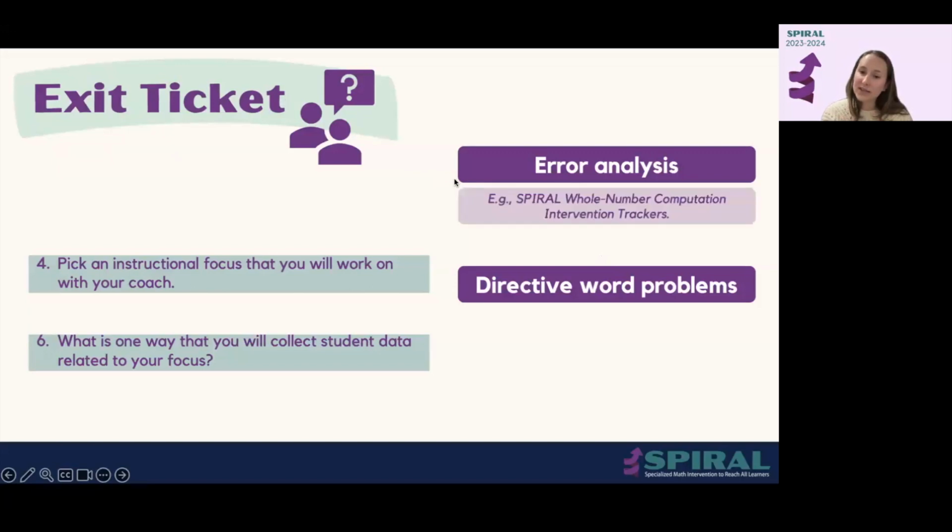If your focus is error analysis, maybe you're going to use your Spiral whole number computation intervention trackers to keep track of those errors that you notice, as well as make next step plans for how to intervene based on those errors. If you choose directive word problems, maybe you will collect student data through using formative or summative assessments. So I am going to go ahead and launch our poll.